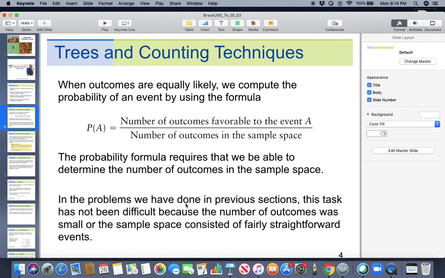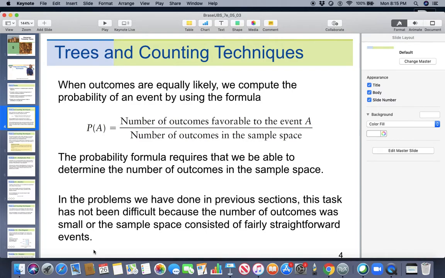In the problems we have done in previous sections, this task has not been difficult because the number of outcomes was small, or the sample space consisted of fairly straightforward events. For instance, rolling of dice, or drawing out marbles, or flipping a coin.